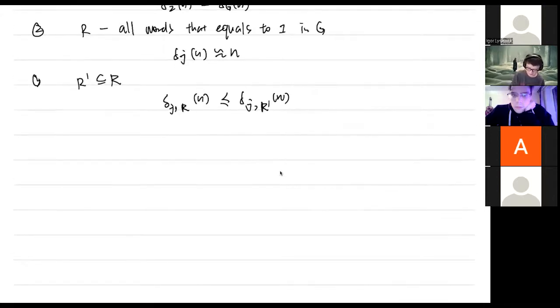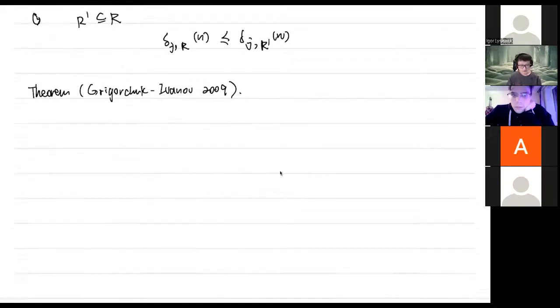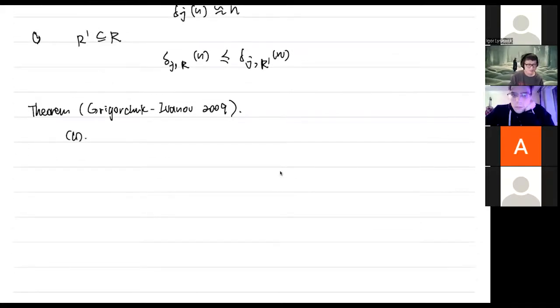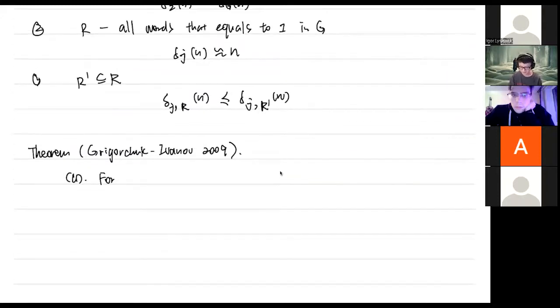Okay, so let us talk about the results corresponding to this. As I said, this work is given by Gorbunov and Ivanov in 2009. So the first is, okay, what is the relation for those three different functions?